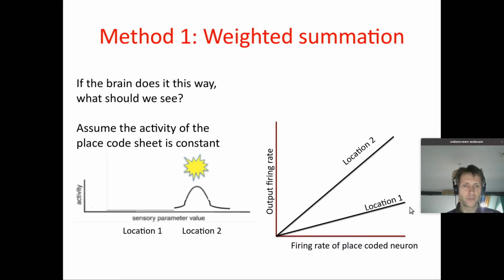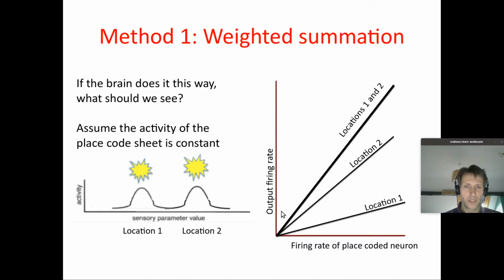So we'd get a graph that looked like this for location 1 and a graph like this for location 2. And then if we had both stimuli present at the same time, we would see an output firing rate which was the sum of the two inputs. So it would actually be larger for all firing rates of the input neurons. Okay, so it's essentially the sum of the two.